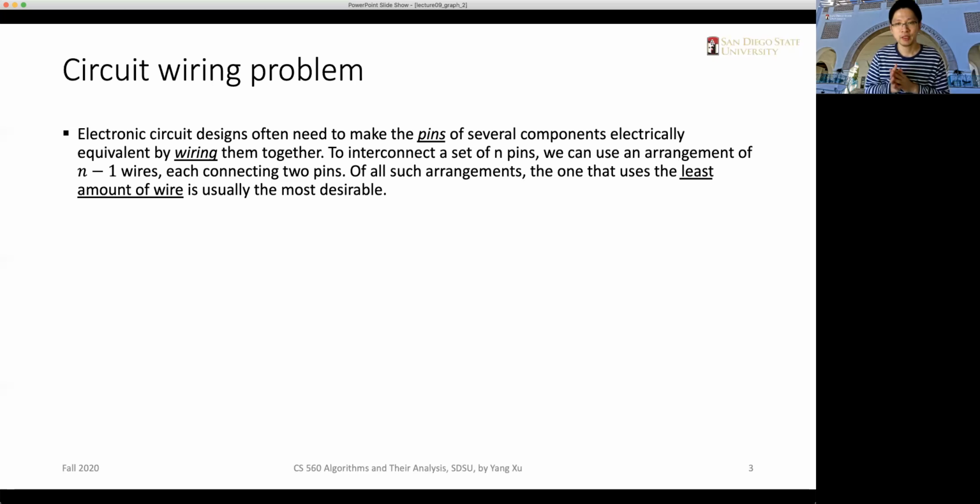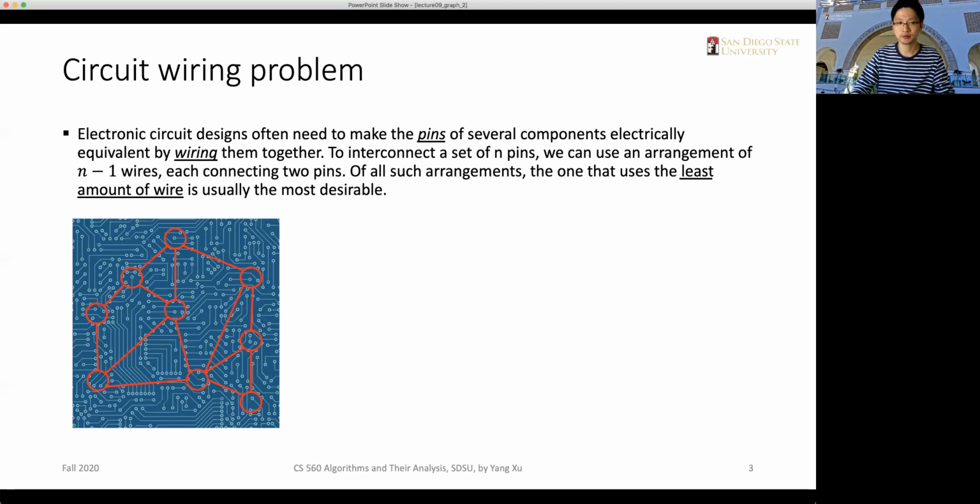But when you do this task, there are some cost issues you need to take into consideration. You will pay for the amount of wire that will be used. So generally speaking, the one that uses the least amount of wire is usually the most desirable.